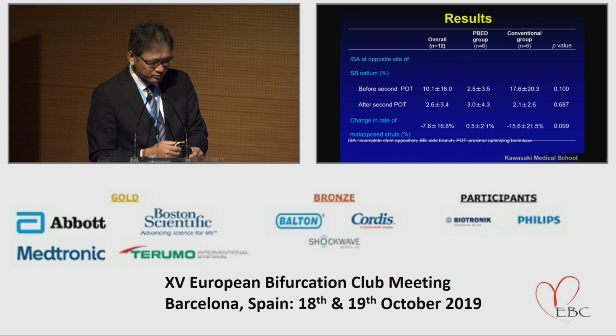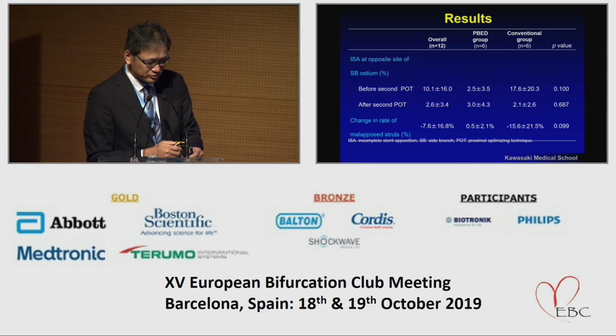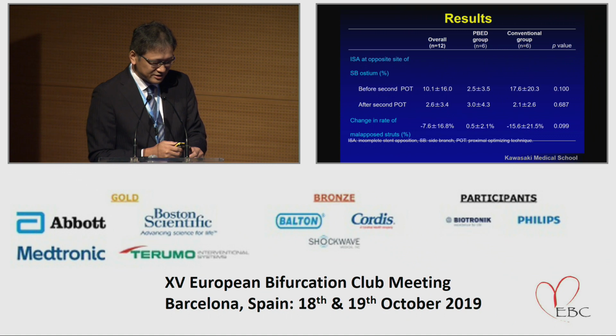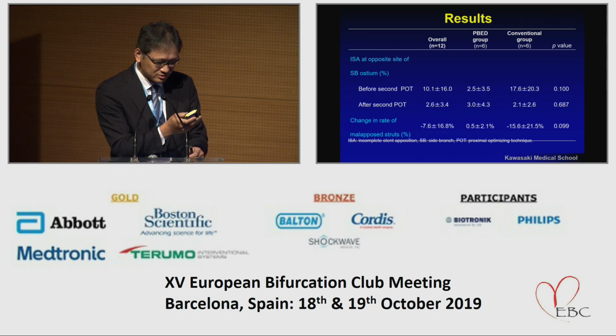Before the second POT procedure, the rate of malapposed stent strut was numerically lower in the PBED group compared with the conventional group. After the second POT procedure, the rate of malapposed strut was similar between the two groups. Therefore, the change in the rate of malapposed strut was numerically less in the PBED group compared with the conventional group.